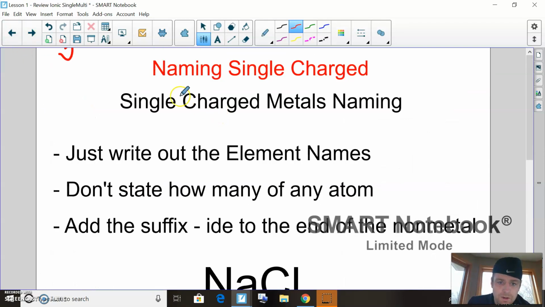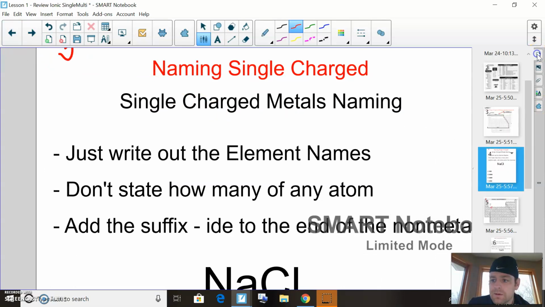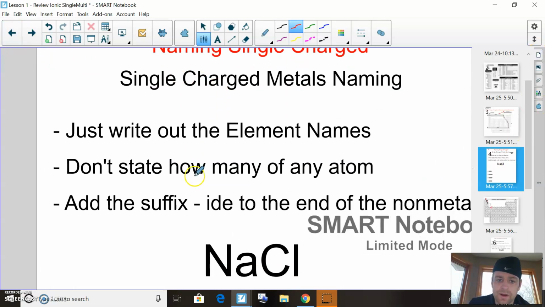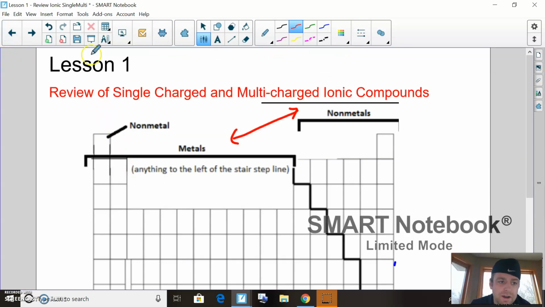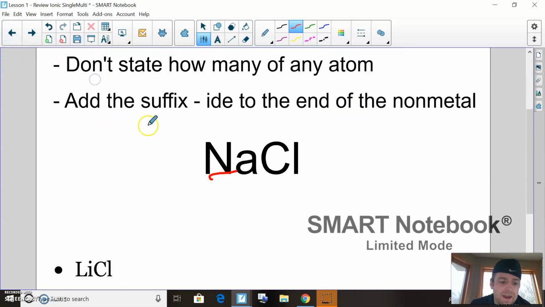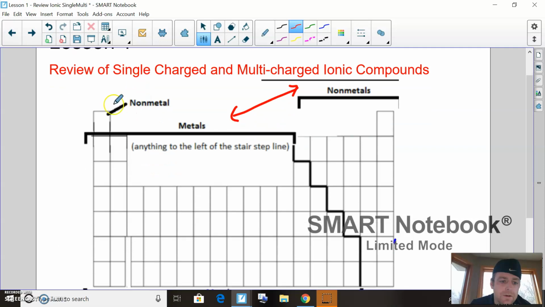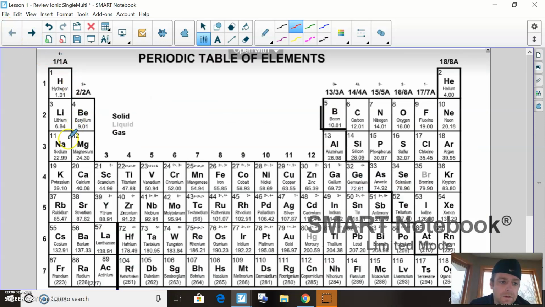So when we name single charged metals, what you always have to do is ask, does the metal have more than one charge? Anytime I get a compound like this, what I have to ask myself is, can Na have more than one charge? So I go to my periodic table, and I find that Na cannot have more than one charge.